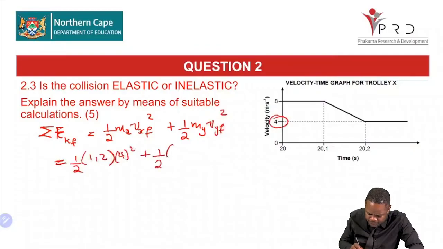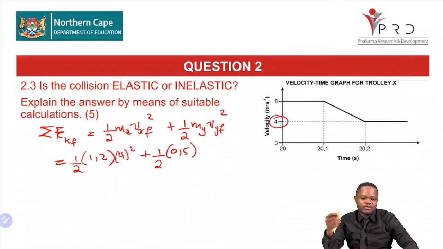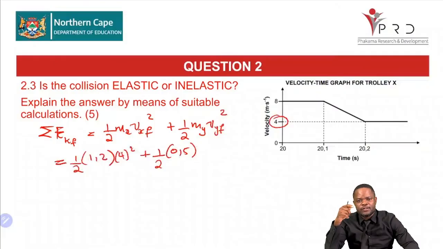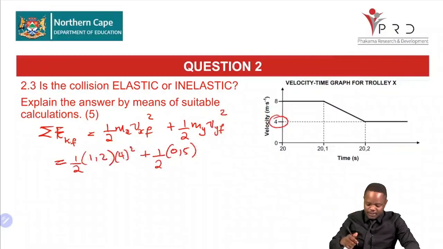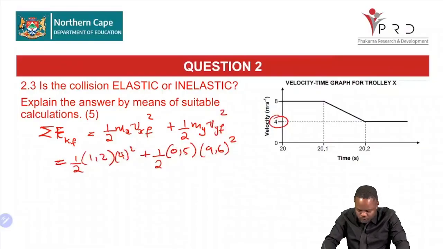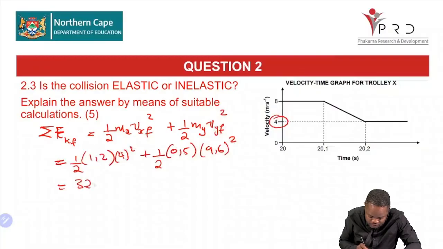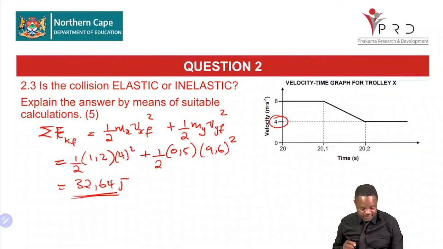Plus half the mass of y, 0,5, and the final velocity of y. Remember, we calculated it in our previous section. And you see now the importance of doing the calculations correctly, because if you got the velocity wrong in the other part, your solution in this part is going to be wrong. So we got a value of 9,6, also squared. We calculate, and we are getting 32,64 joules. This is the sum of the final kinetic energies.